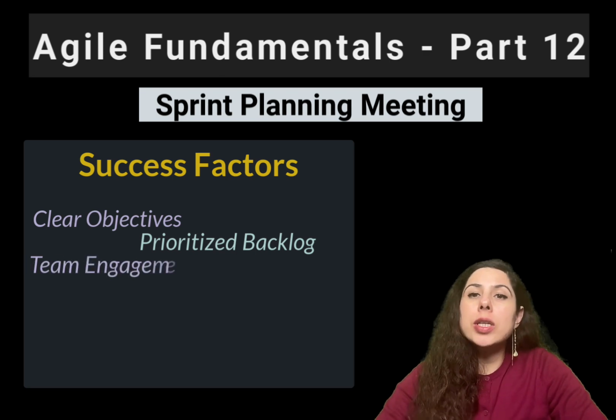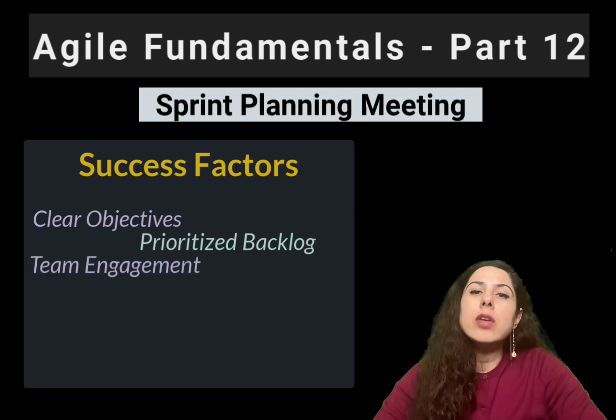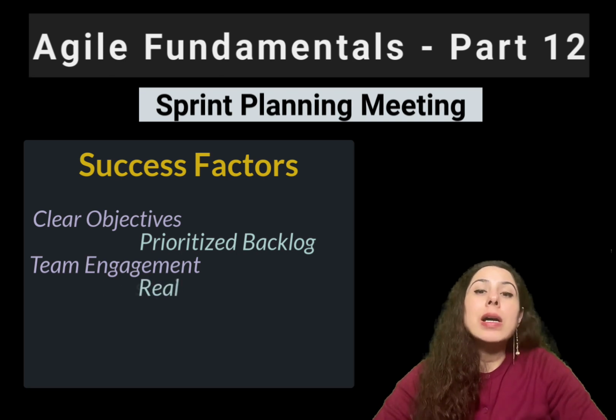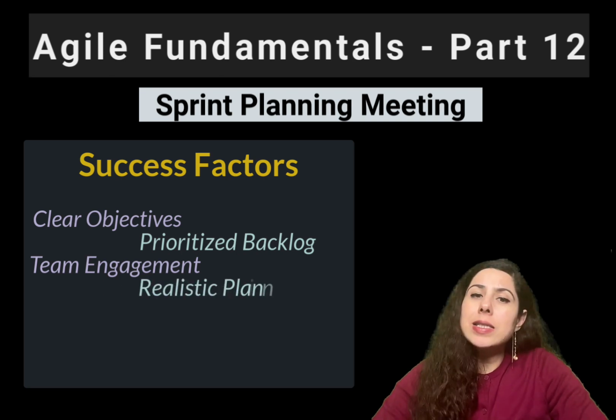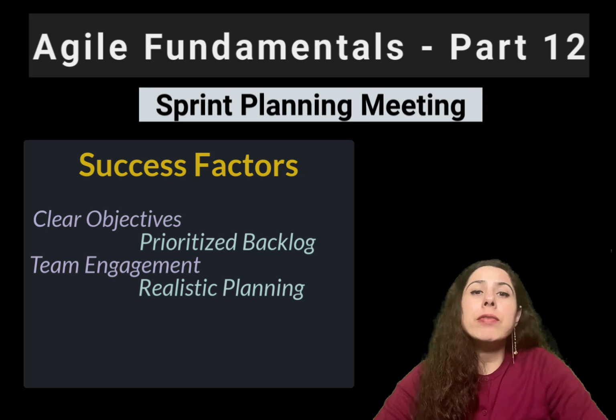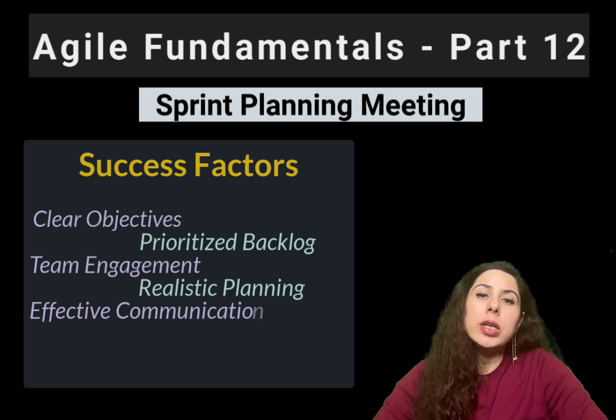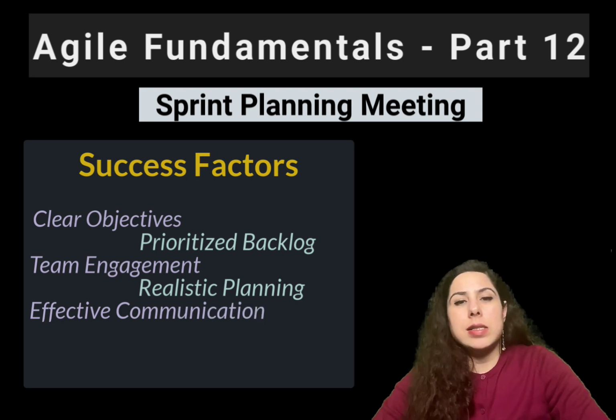Active participation and commitment is required from the team to make the sprint planning meeting a success. Fourth, realistic planning. Analyzing the workload and available capacity is essential to do realistic planning. Fifth, effective communication. Like every meeting, this meeting also requires effective communication with each other to make it a success.